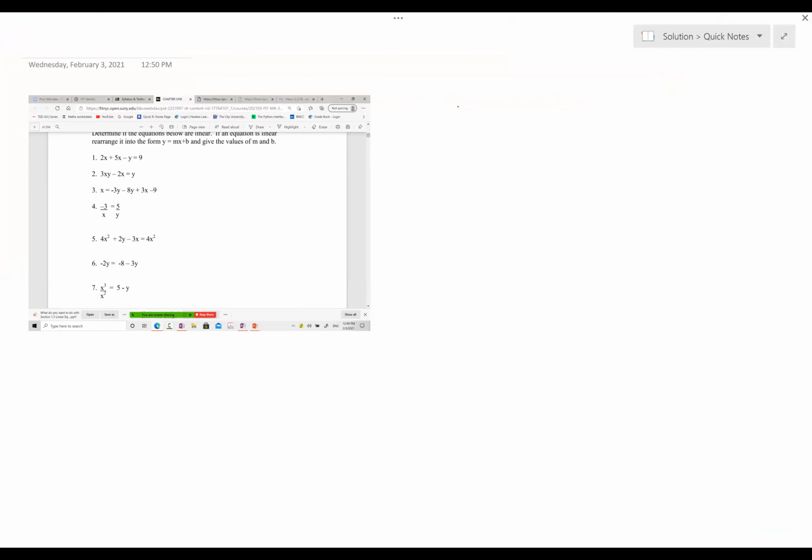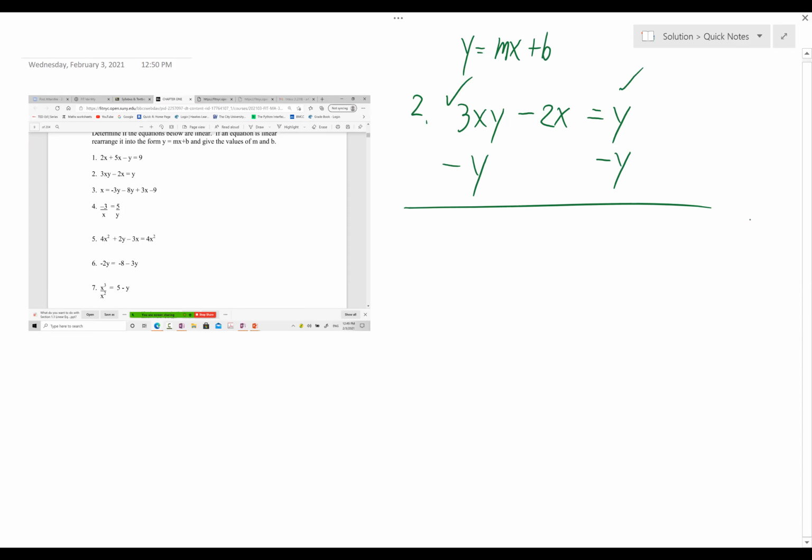It's 3xy minus 2x equal to y. In order to determine whether or not it's a linear equation, we can use the slope-intercept form, right? Basically, we're going to turn this into mx plus b. By doing that, we need to get y by itself. First, since this side has y and that side has y, we subtract y from both sides of the equation. So we get 3xy minus y minus 2x equals 0. Now these two terms have y, so keep them on the left.